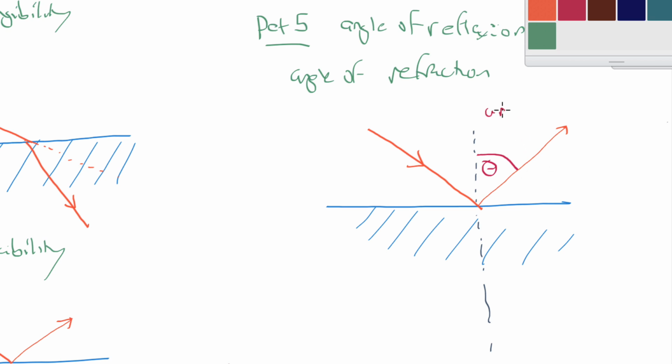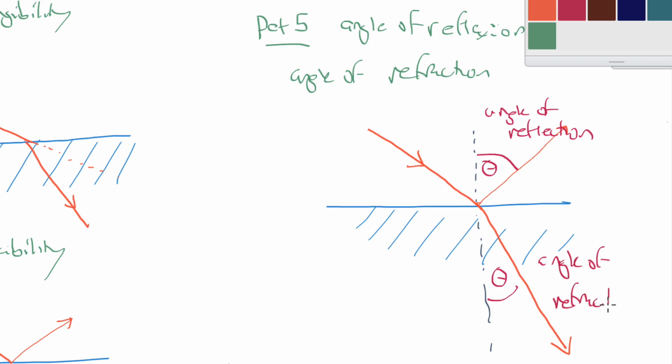This is the angle of reflection. Okay, and if this goes into the medium instead of bouncing off, then we could also draw an angle here, theta, and that would be the angle of refraction, or the refraction angle.